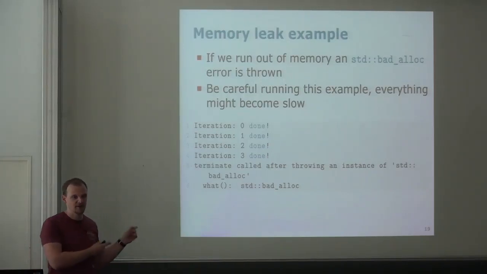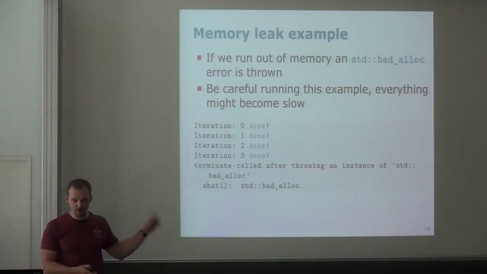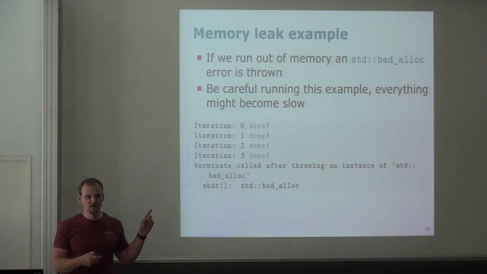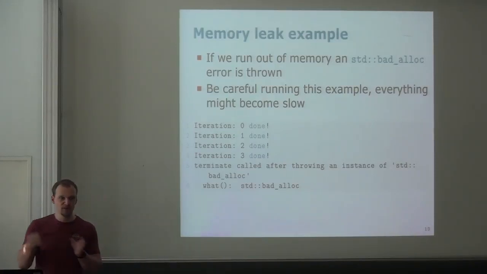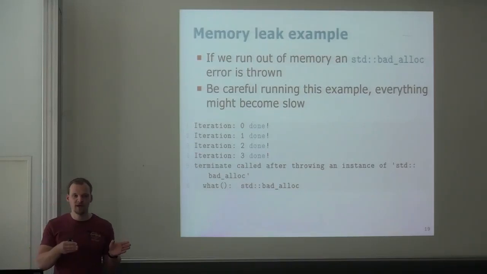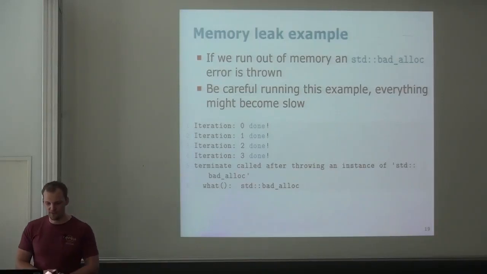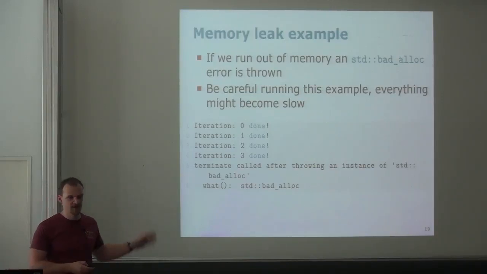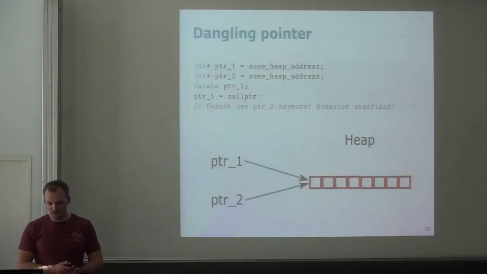So when you run this example, make sure you either don't have swap enabled to see the error, or that you don't reach swap, because it will move things to swap and it will not move them back, and it will be a lot of pain working with your system. So just beware running this example. It's the single dangerous example in this lecture.